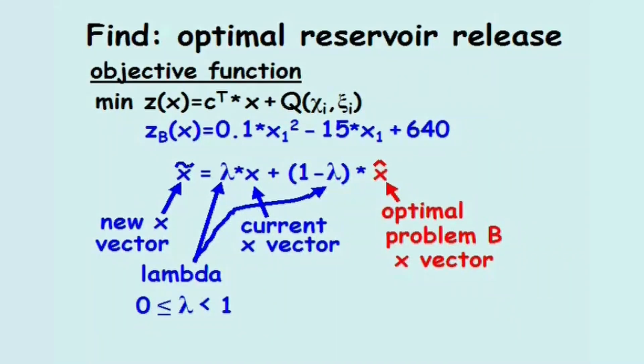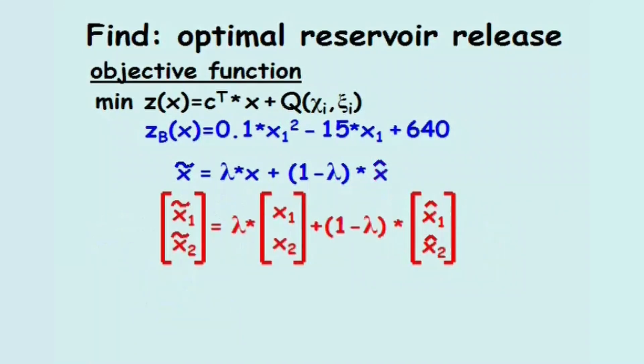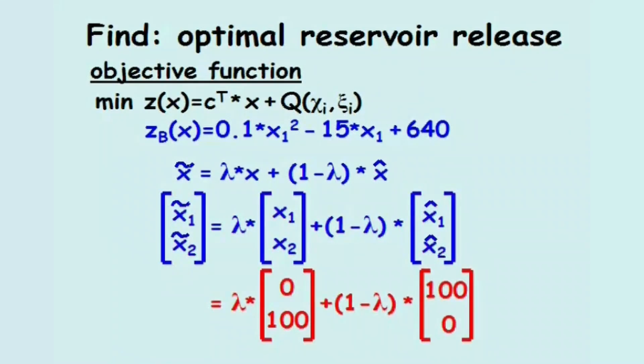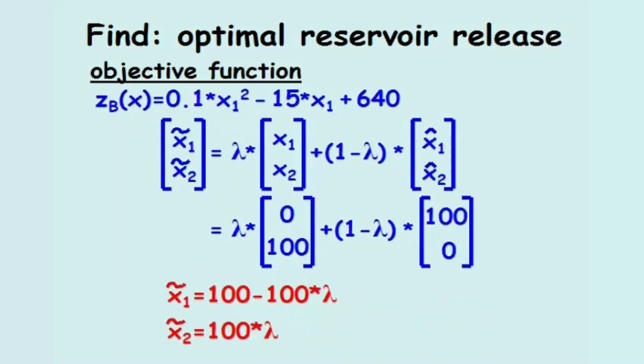If we expand the equation out and plug in the values for x and x hat, we can solve for x tilde in terms of lambda. x1 tilde equals 100 minus 100 times lambda, and x2 tilde equals 100 times lambda.